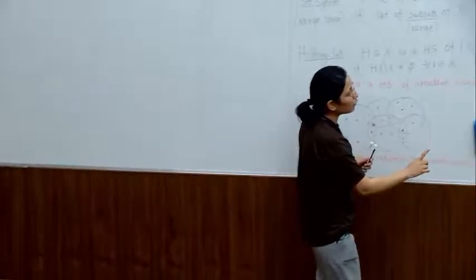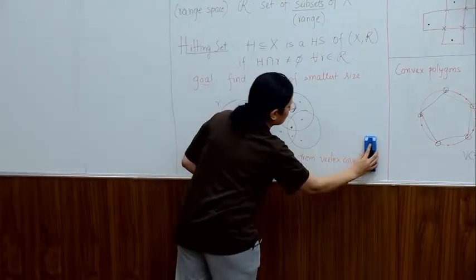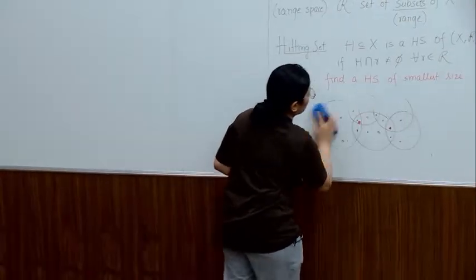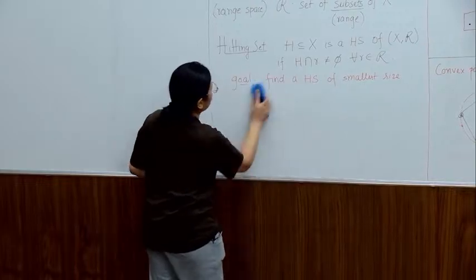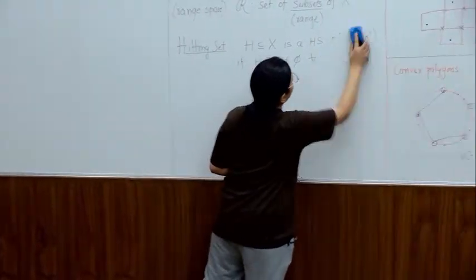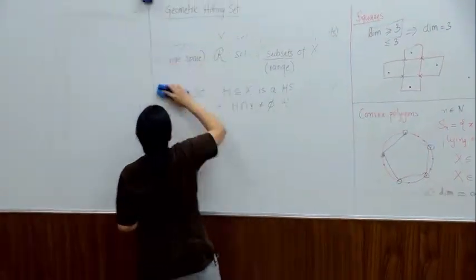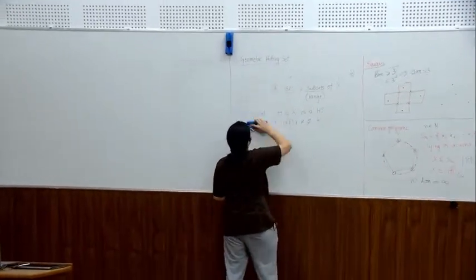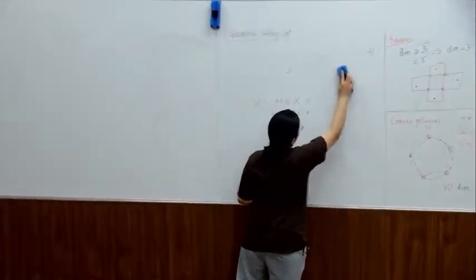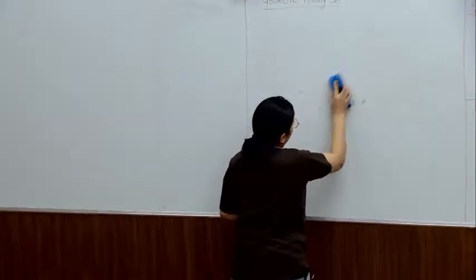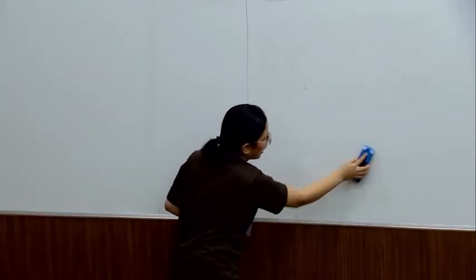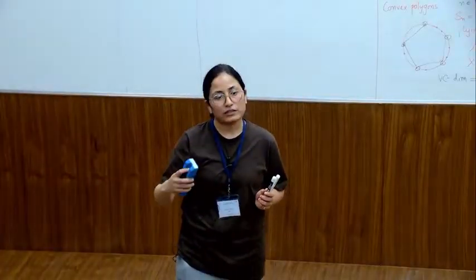Right? So, now I'll just quickly do one more example, and then we will get to the algorithm part. Can you quickly tell me, if we have half planes in R2, what will be the VC dimension? I won't do it here, just think.